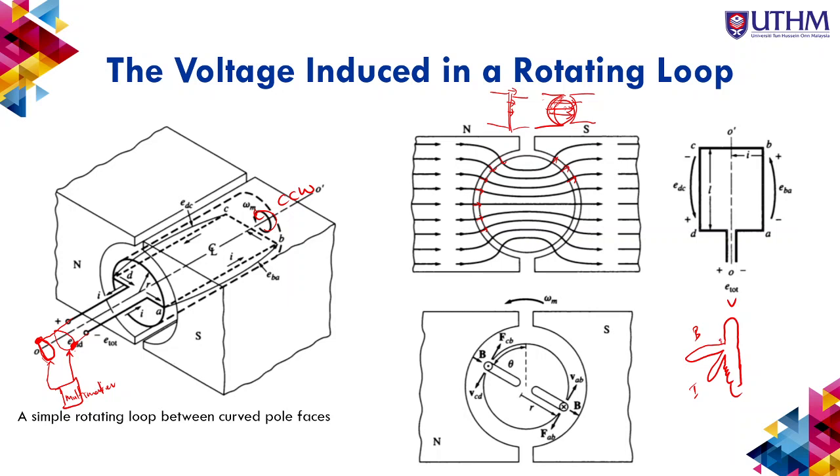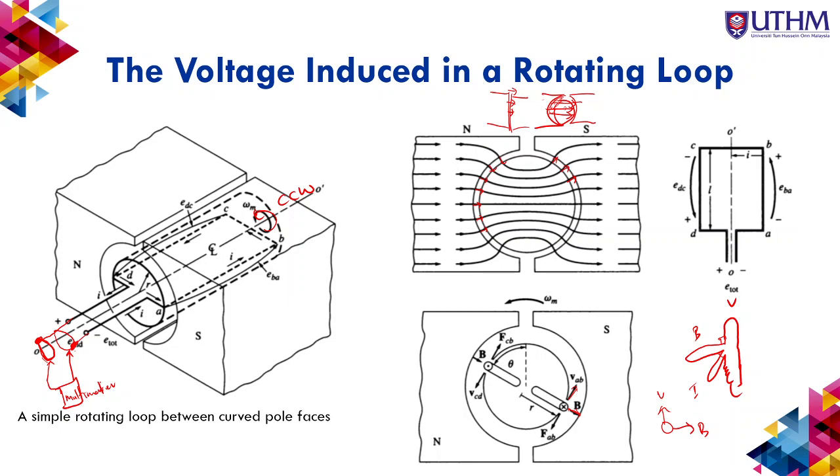These three are always perpendicular. We rotate counterclockwise, so this is the velocity, and the direction of the magnetic field is like this. Let's use one hand, because we want to find the direction of the current flow.